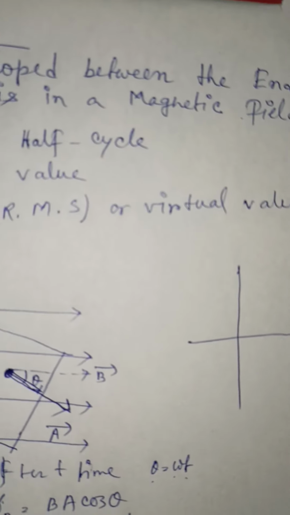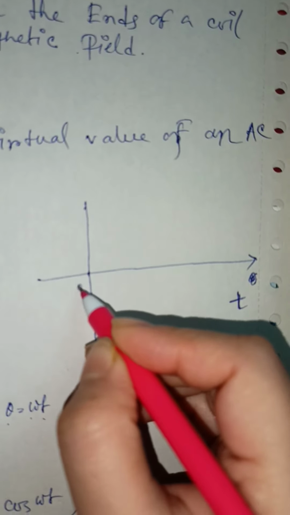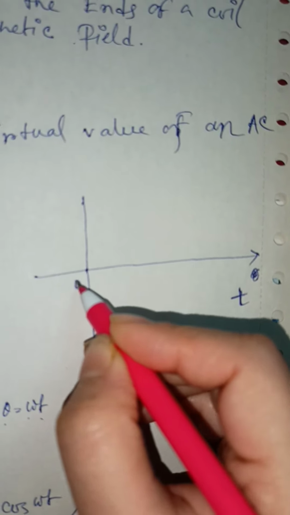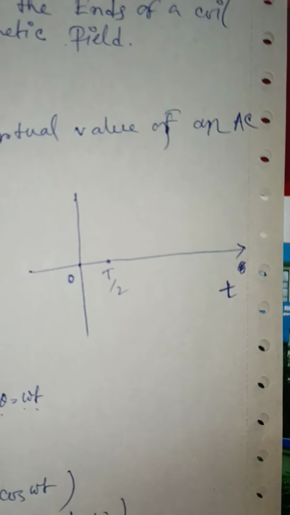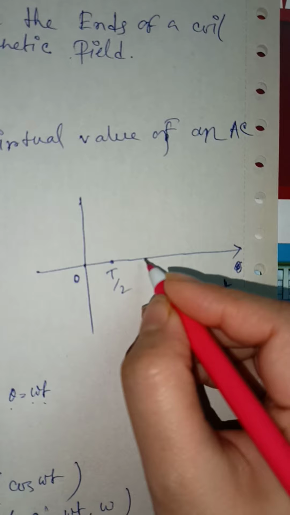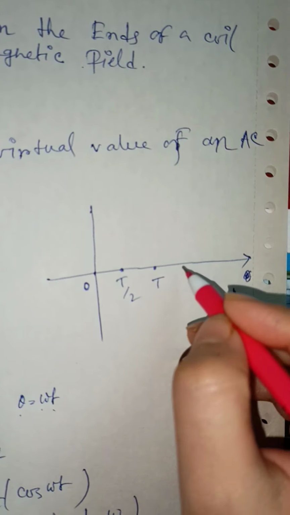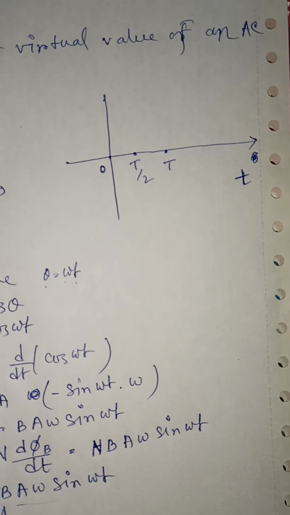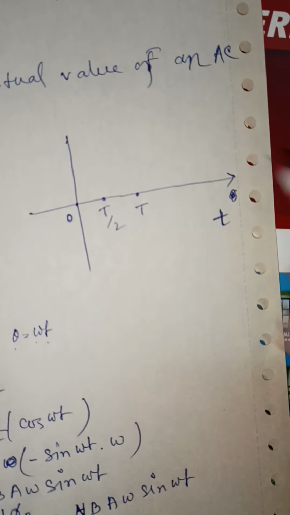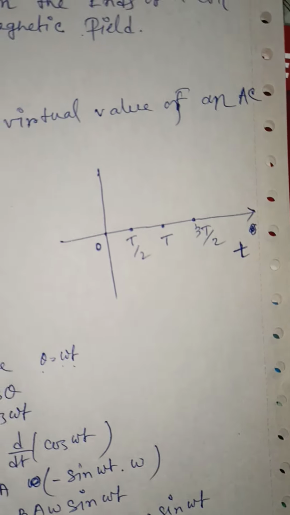So this is the oscillation, right? t equals 0, t equals T by 2, t equals capital T, the next one is 3T by 2, and so on.